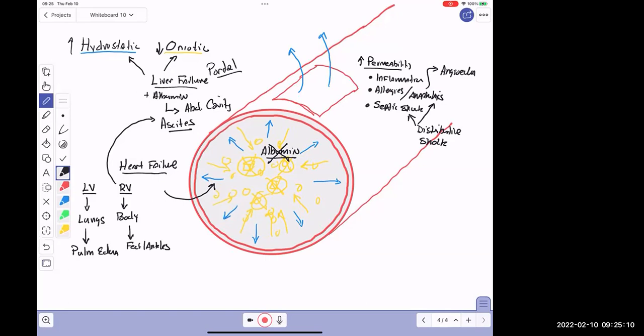Some other areas where we can have alterations in oncotic and hydrostatic pressures are things like altitude sickness.